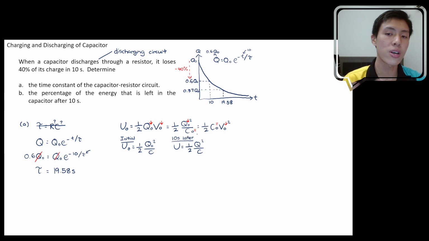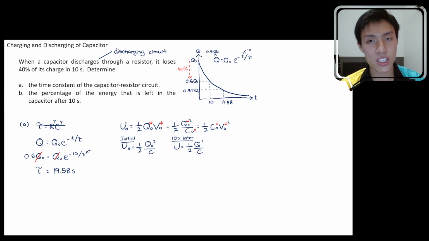If you are interested in finding the percentage of energy compared to the maximum energy initially, you can do a ratio between these two. Take the new U, divided by U naught, which is the maximum U.